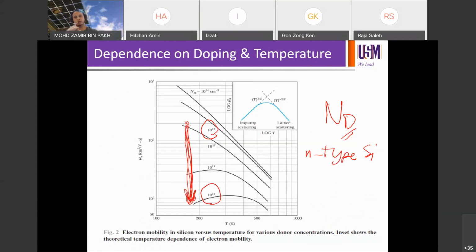Okay, so why is it so? Why do you think increased doping level results in lower carrier mobility? What is carrier mobility? Carrier mobility is how easy it is for the carriers to move.